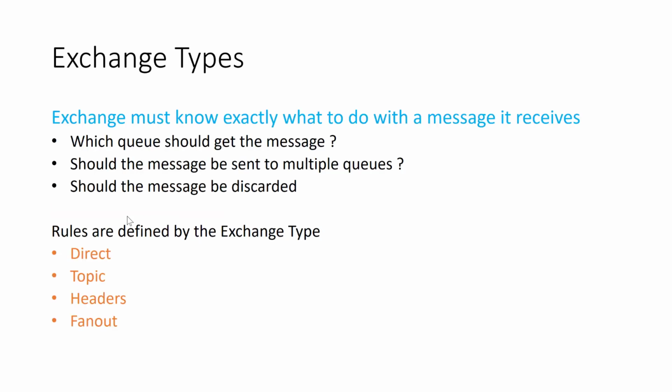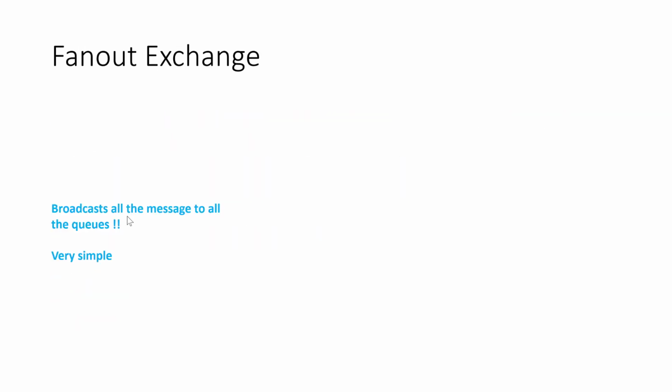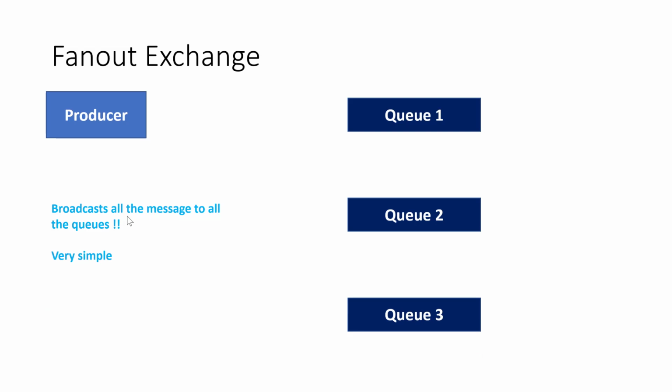So let's start with the fanout, the last one. The fanout is the simplest of all the exchanges. All the messages the exchange receives, it sends to all the queues it knows about. So you have the producer, and in our case, we have three queues, and then we have the exchange that sits in the middle.